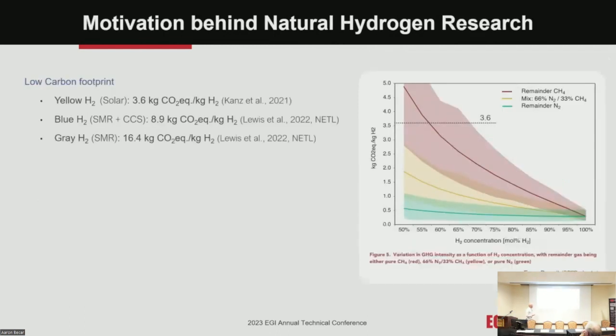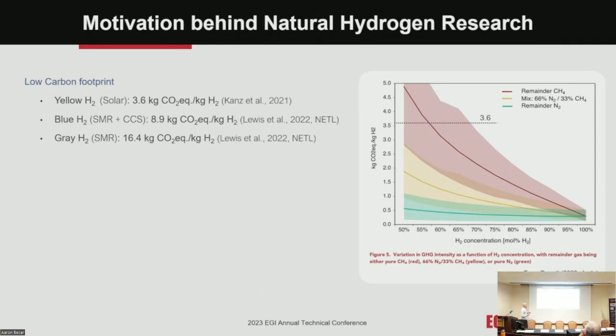So, okay, we know that natural hydrogen is there, but why are we interested in natural hydrogen now? One of the reasons is that natural hydrogen can be a low carbon fuel.